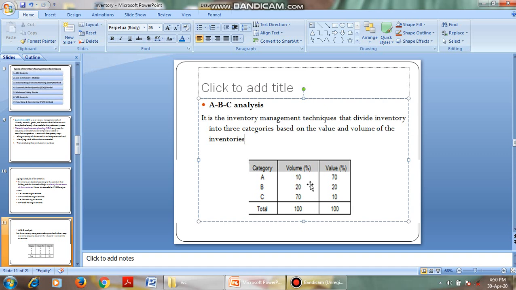That is, volume is 10%, value is 70%. And B is normal value. 20% is volume and 20% is value. That is, volume and value are the same. Next one is C. Category C inventory, its volume is high and its value is less. Okay, that is called ABC analysis.